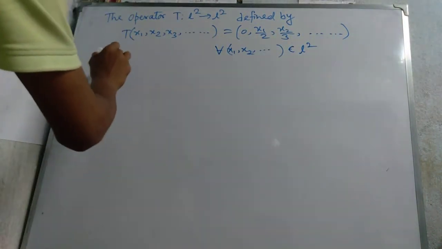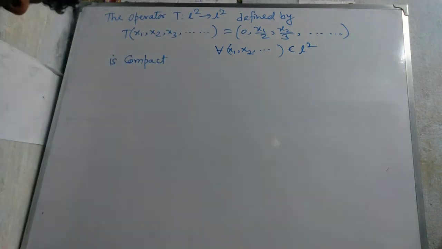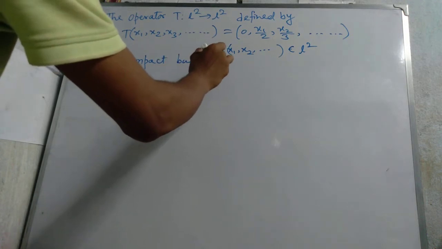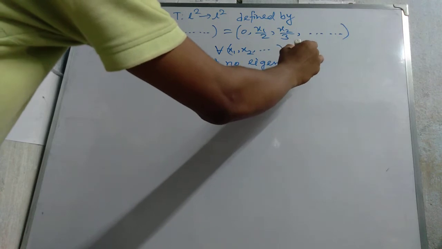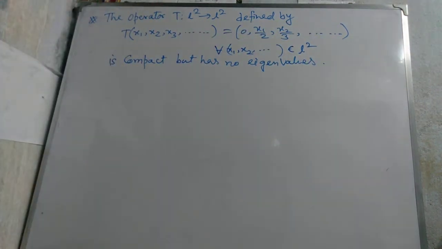This one is compact but has no eigenvalues. Okay, this is one example of an operator.